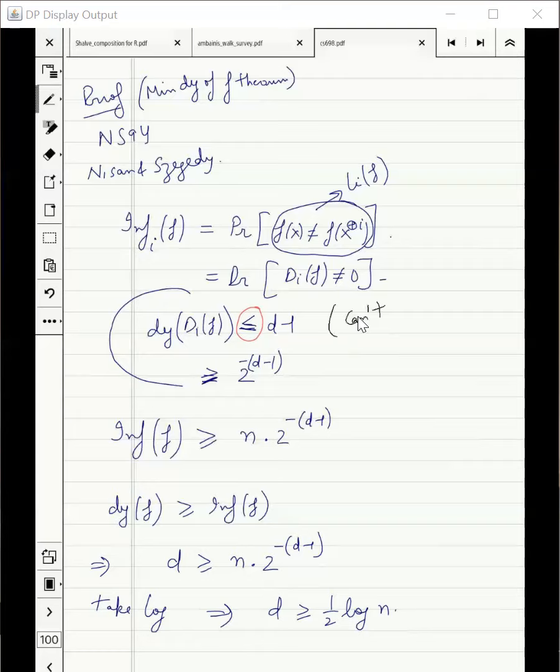Very nice point. I can't say equality because i might not appear in the biggest monomial. But it doesn't matter for us. Once we know that the degree is small, if it is smaller than D minus 1, then we will get a higher influence. So it is in our favor. So since the degree of DIF is less than or equal to D minus 1, the influence will always be bigger than 2 to the power minus D. And then the proof will go.